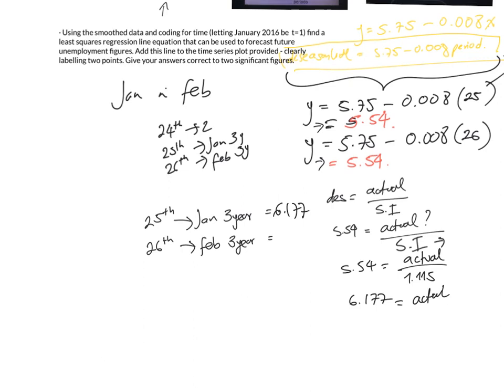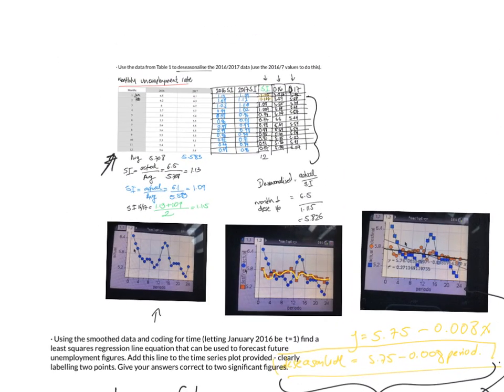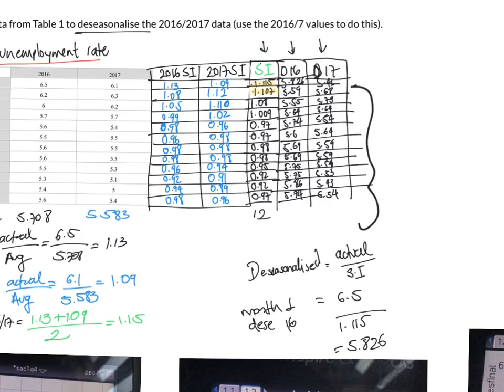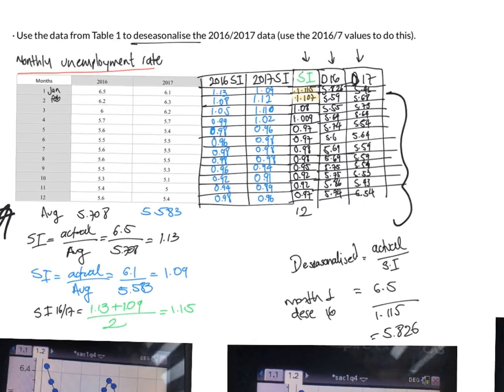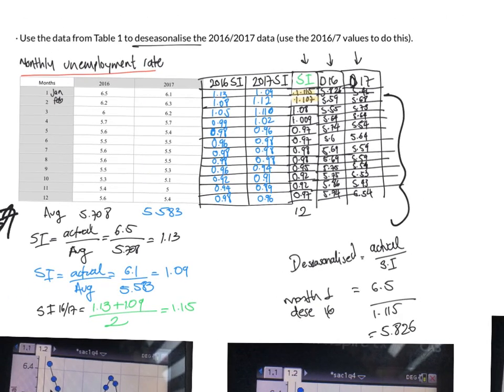And if we do the same for February, we just need to replace the value. So we just do 5.54 equals the actual over the seasonal index, and we're going to use the one that we found for February, which is 1.107.